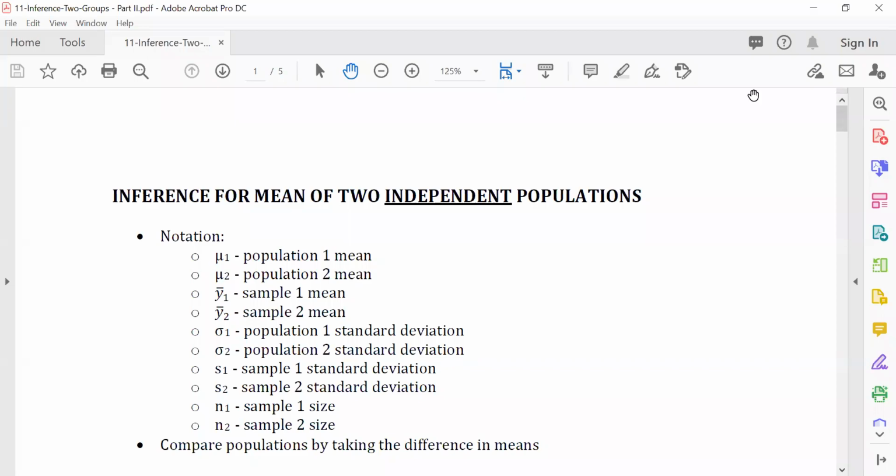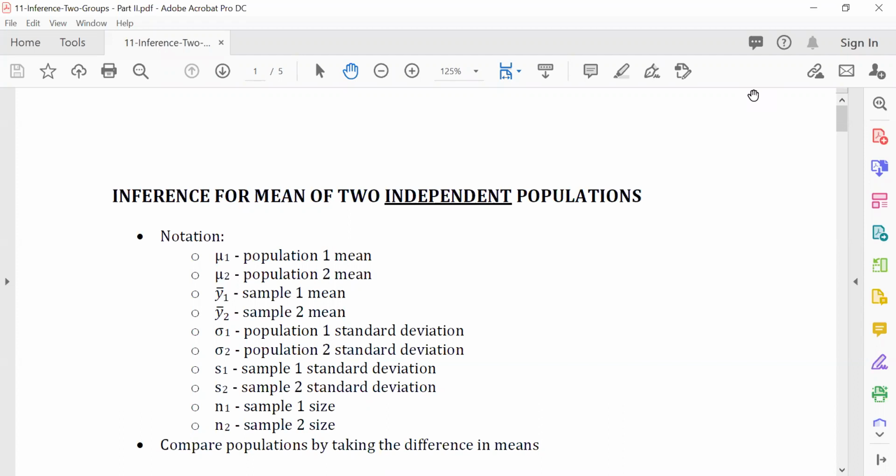Okay, so in this video, we are going to talk about the inference for mean of two independent populations. Remember in our previous video, we talked about how to do inference of two groups.